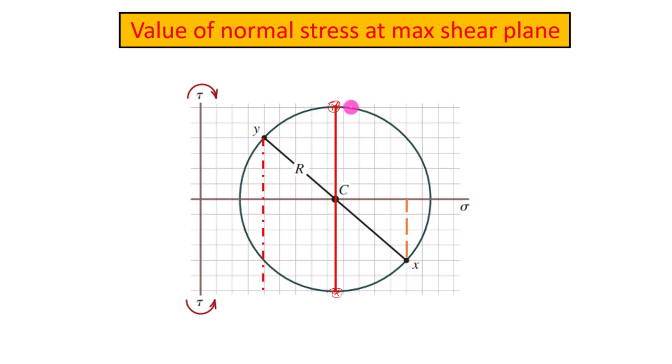These points lie directly above and below the center of this Mohr circle, because if we take any other point, the value of tau xy corresponding to it will always be smaller than the radius of this Mohr circle. So tau max is equal to the radius of your Mohr circle.